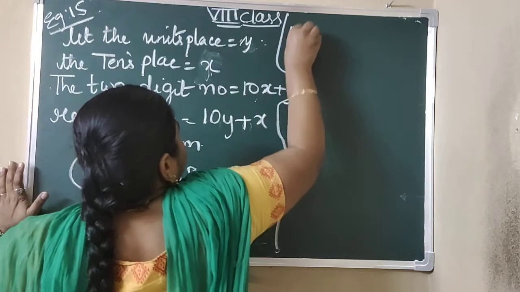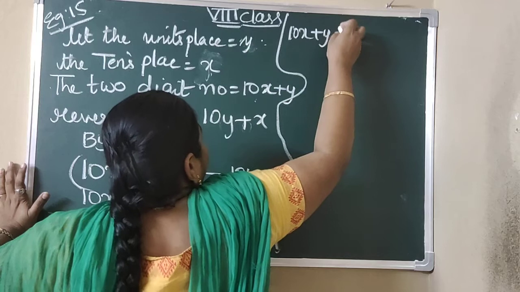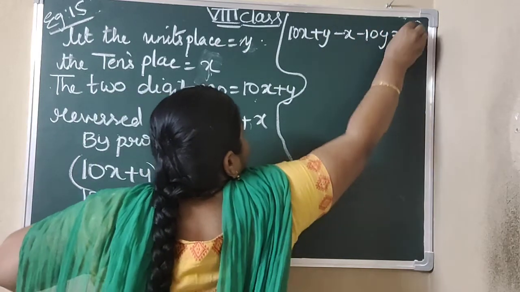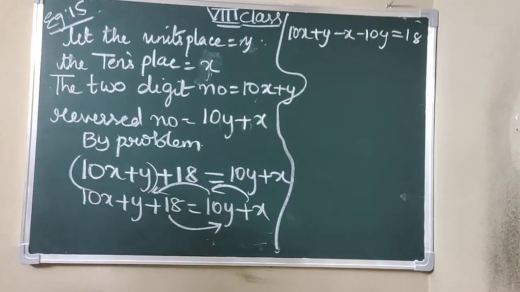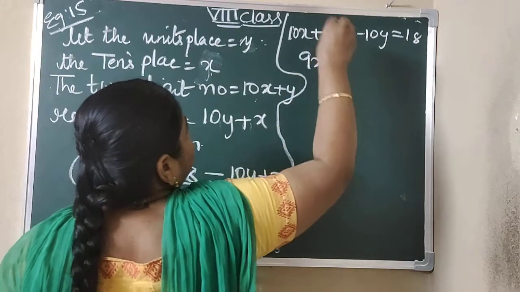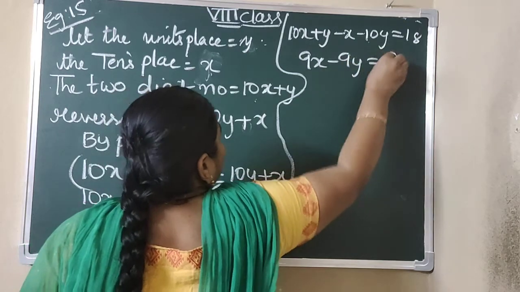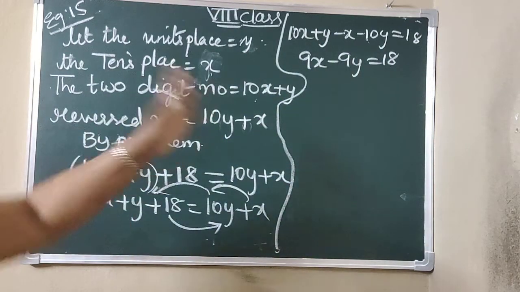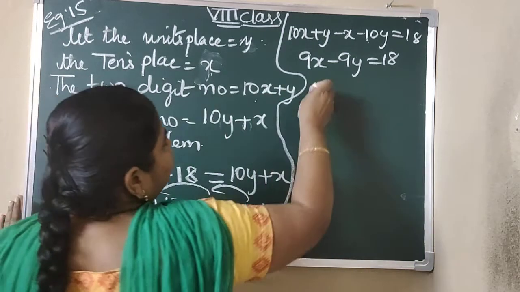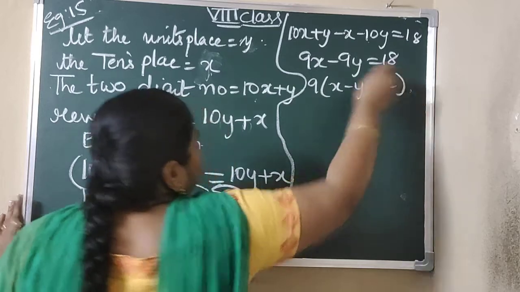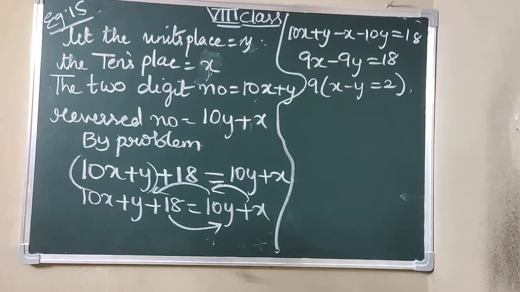That will be 10x plus y minus x minus 10y is equal to 18. 10x minus x is 9x, and y minus 10y is minus 9y, equal to 18. If you take 9 common, that will become x minus y is equal to 2.